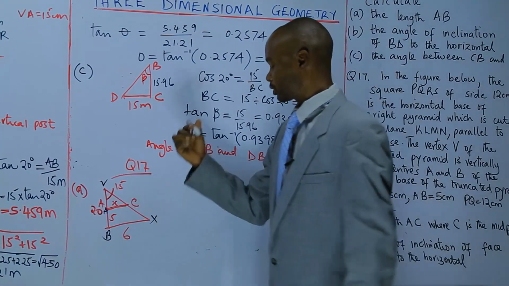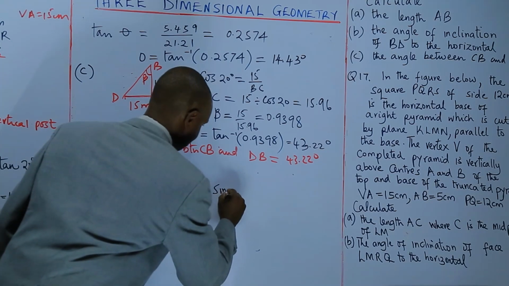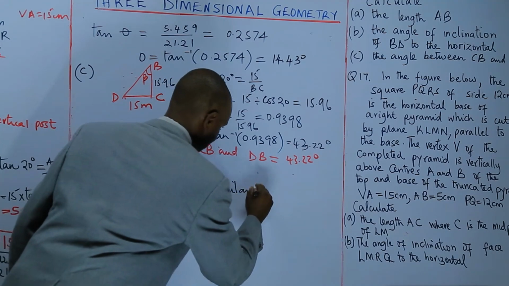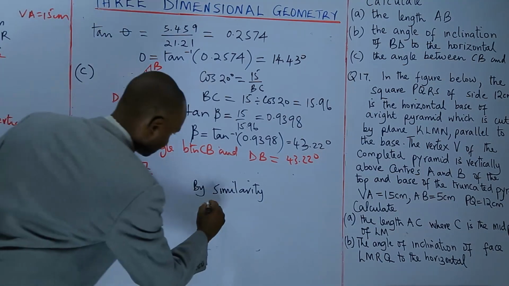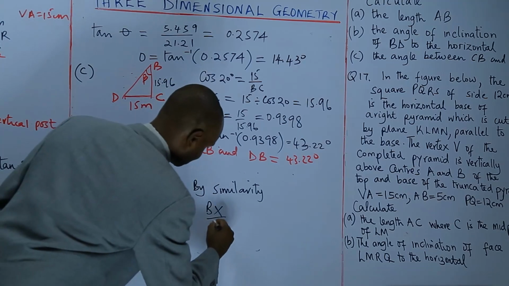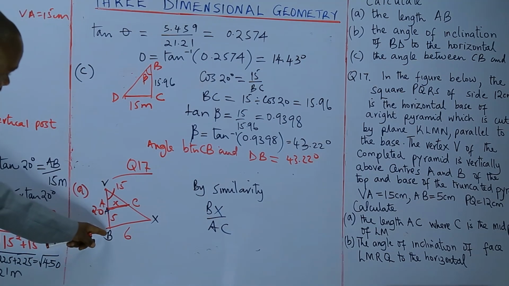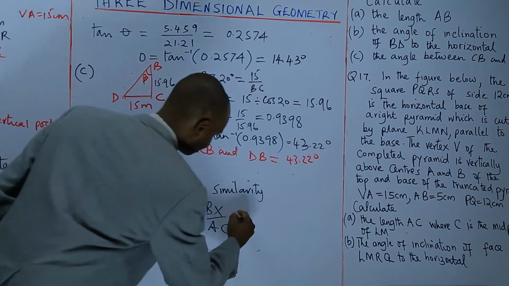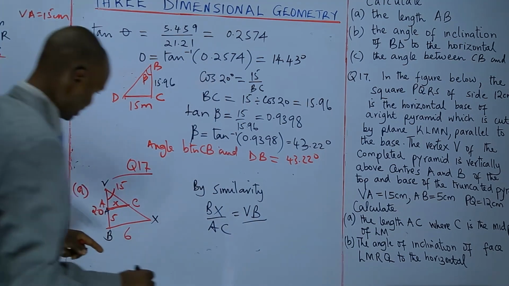So by similarity, BX divided by AC is the same as VB divided by VA.